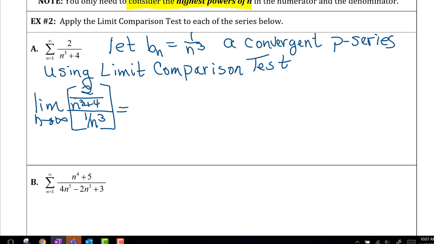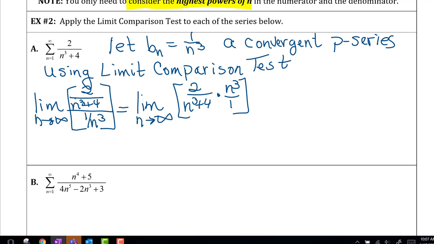I'm going to simplify this, find the limit, and then I can make my conclusion. Hopefully I get a real number, because since I know that p series converges, my new series is going to converge.